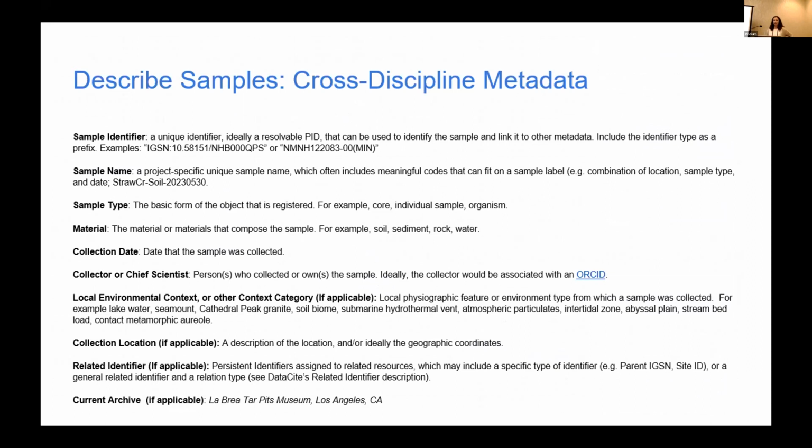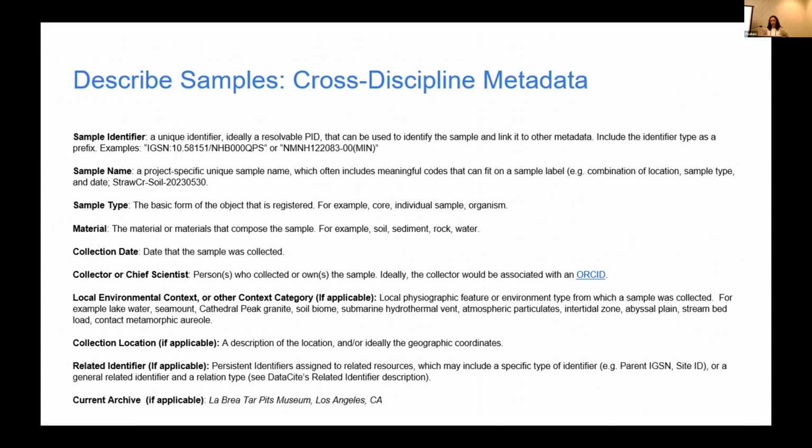The second step is to describe samples, and this slide is just giving some background information on cross-discipline metadata, which really comes from the work of the Internet of Samples, and also basic metadata, like bibliographic metadata from DataCite.